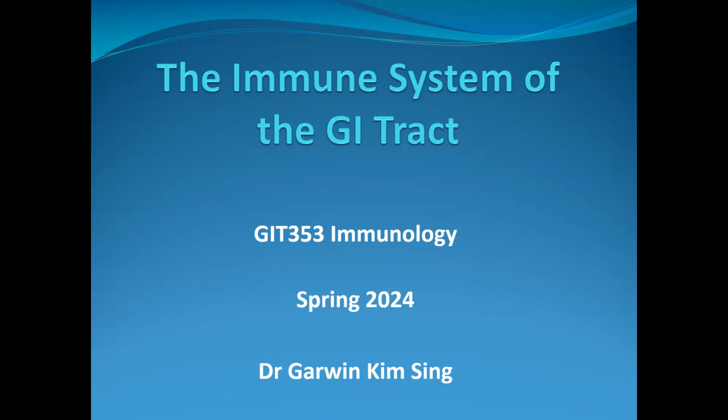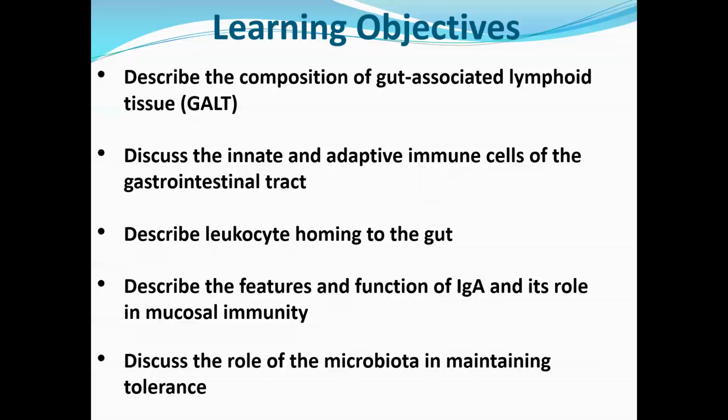So the objective of this lecture is to describe the composition of this so-called gut-associated lymphoid tissue, or GALT, and to describe the types of cells and their function that make up this mucosal immune system.